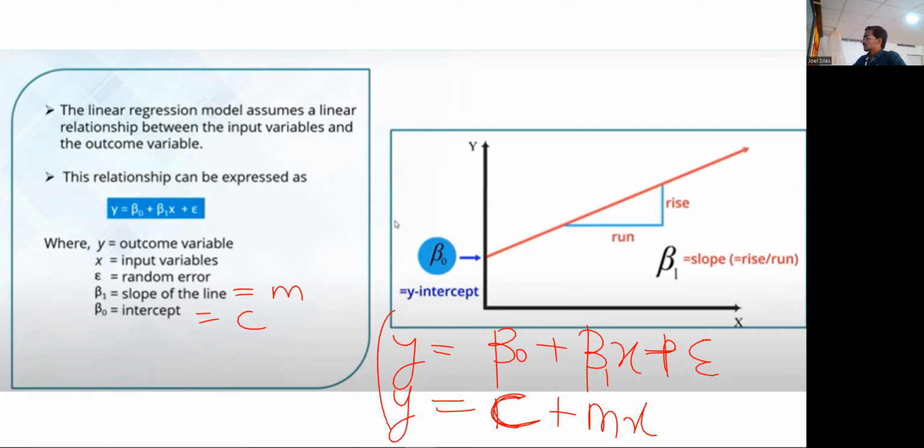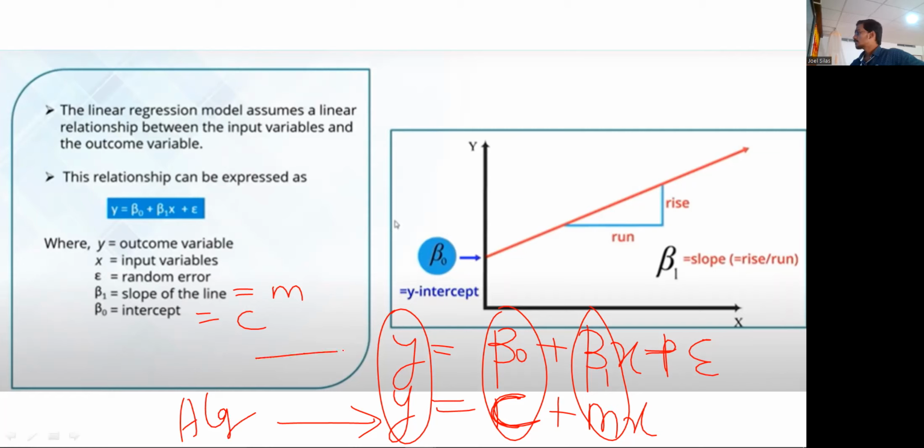Okay. Y is the same thing, beta 0 is the intercept, and beta 1 is slope. This is the way we usually write in algebra, and this is the way we usually write in machine learning.